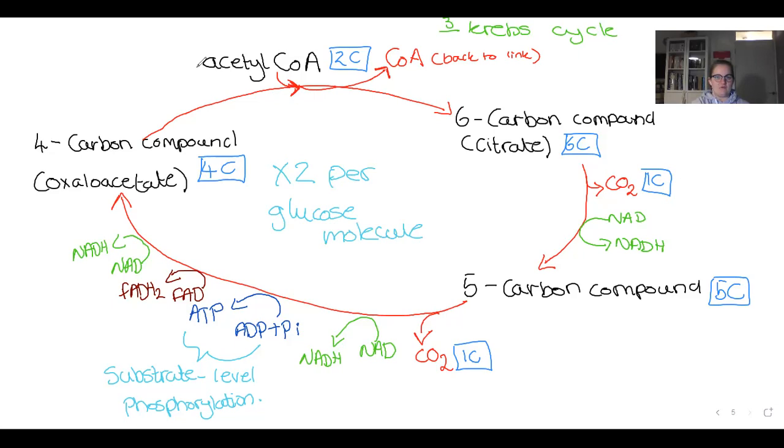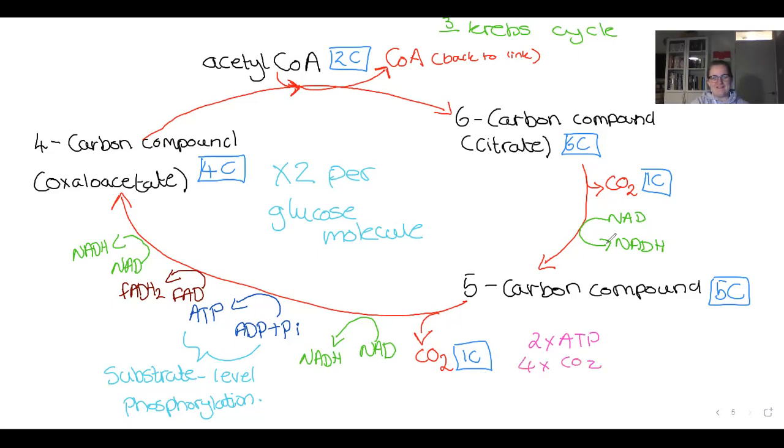Our list of products: we're going to have 2 molecules of ATP. We're going to have 2 lots of CO2. No, my maths has gone wrong there. If we're doing it twice, we're going to have 4 lots of CO2.